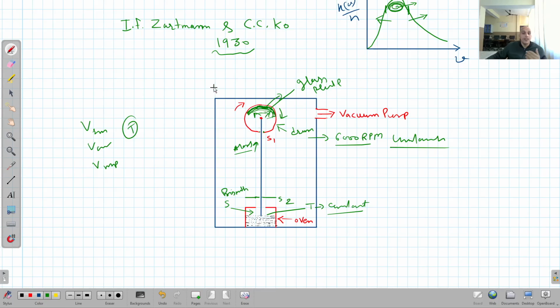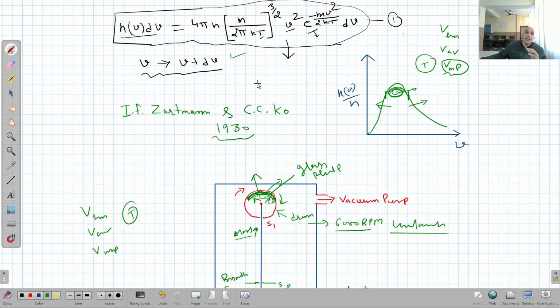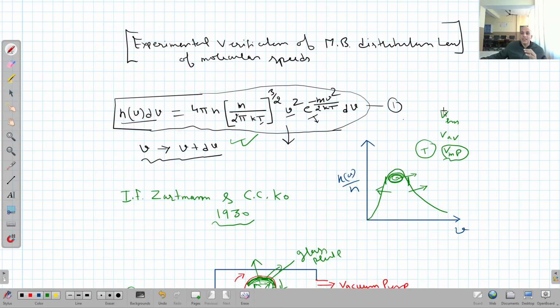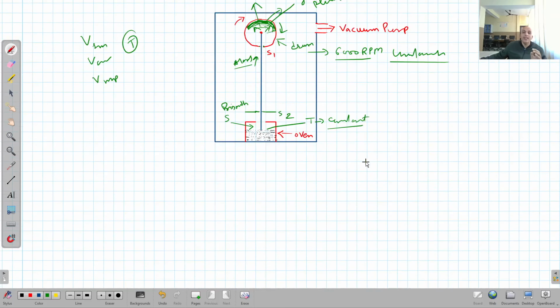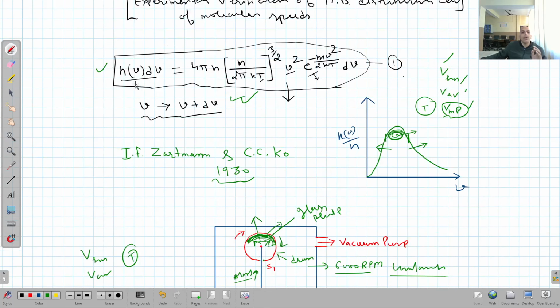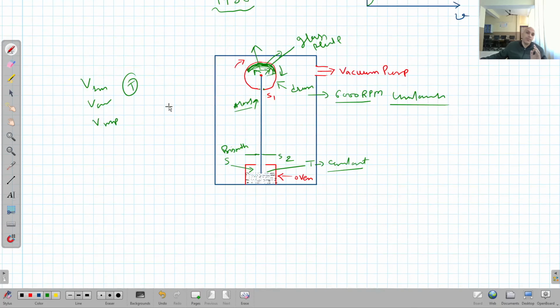The number of bismuth atoms collected here is directly proportional to the number of molecules with that speed. After analyzing the density of these collected atoms, it was found to be in very good experimental agreement with the theoretical predictions, this equation and these values: v RMS, v most probable, v average. So this experiment verified that this is the correct formula for the distribution of molecular speeds.